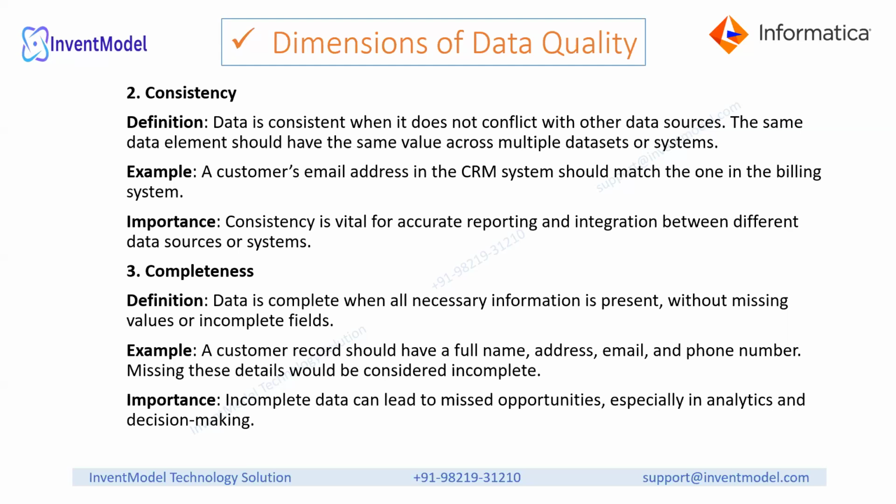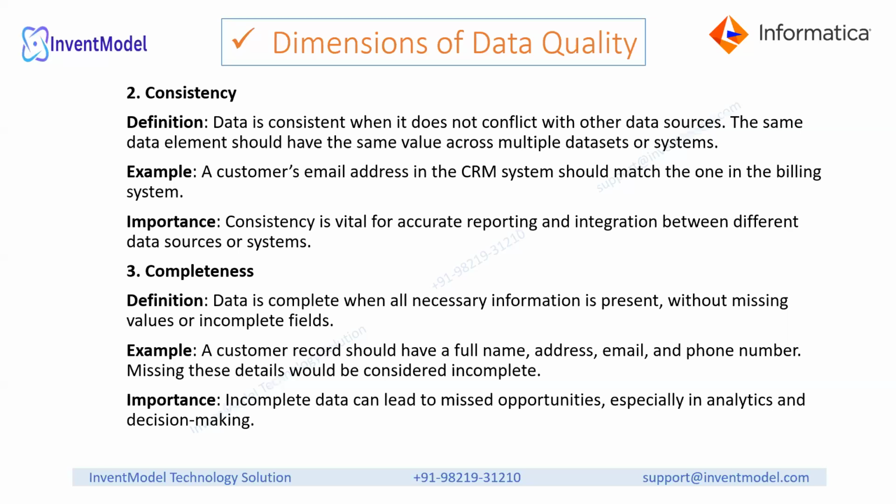What is its importance? Consistency is vital for accurate reporting and integration between different data sources or systems. So if you perform reporting or compliance measures and all, and we have inconsistent data in different sources, then for the same customer, we can understand it as a different customer.